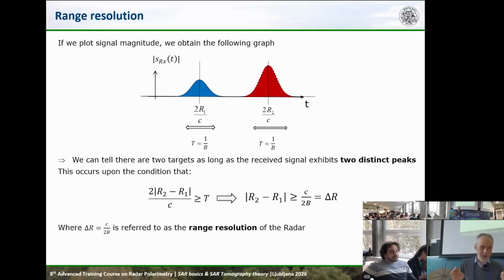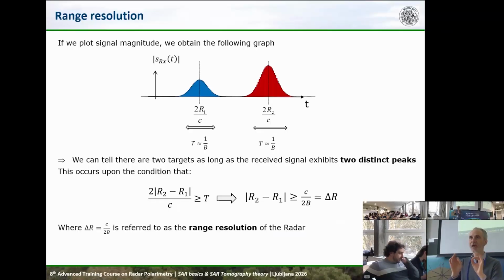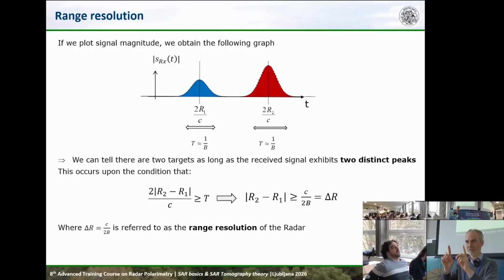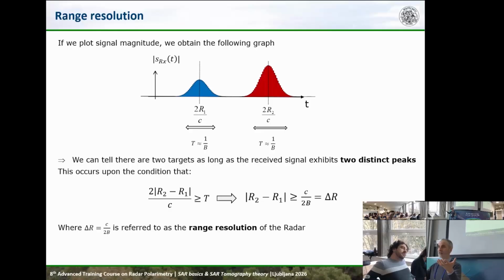If I can draw this conclusion, it means that we are resolving the two targets. Resolving means that I am able to understand that there are two different objects. And I can do this. Why? Because I see two peaks. So two peaks and two targets.